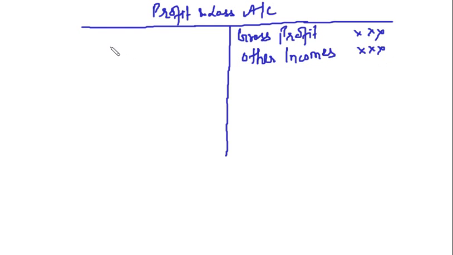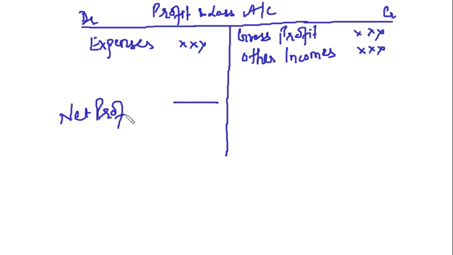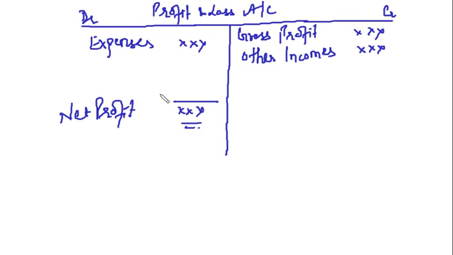This is your debit side and this is your credit side. You have gross profit, you have other incomes, then you subtract expenses, and what you get is the net profit. I hope all of you know the steps in preparation of profit and loss account.